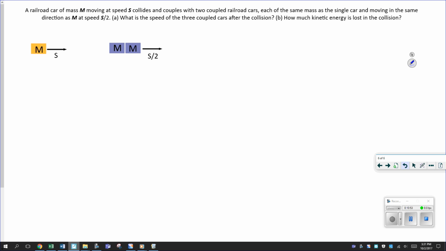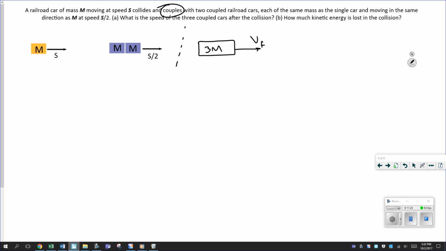Now, this is our initial case, two objects, really three, but we can sort of call it two. Afterwards, the three of them stick together and move with some speed vf. That means sticks together.